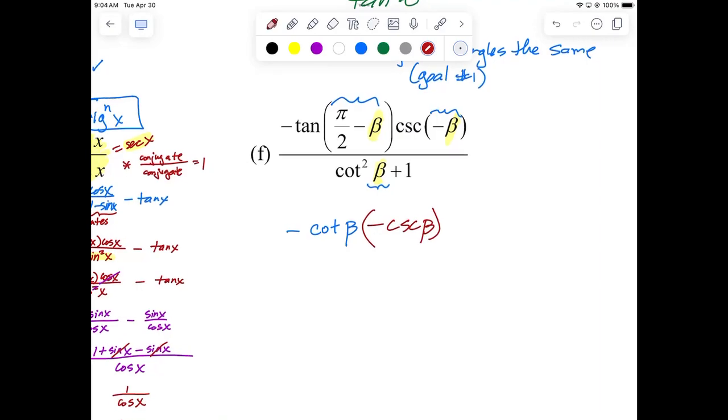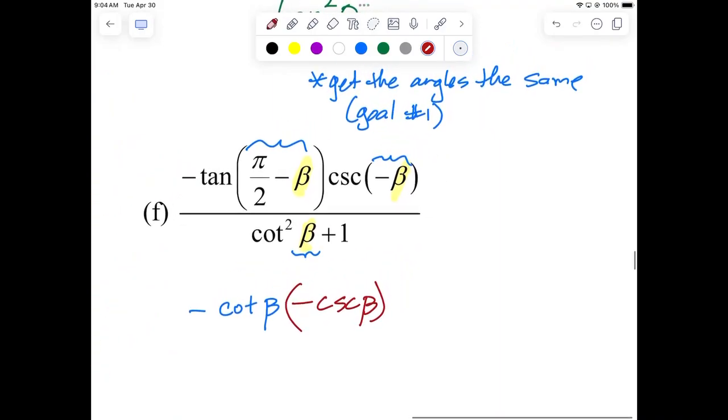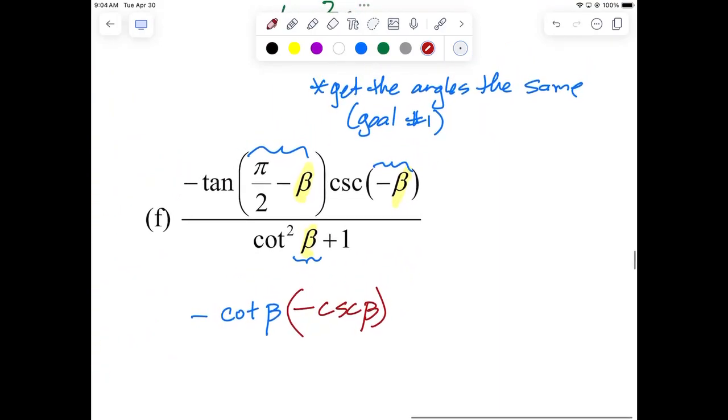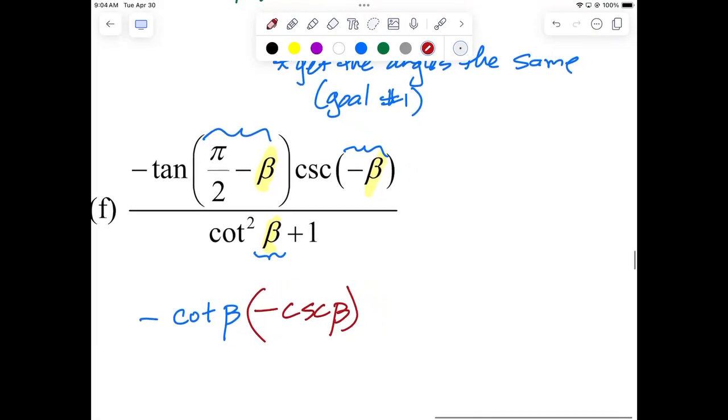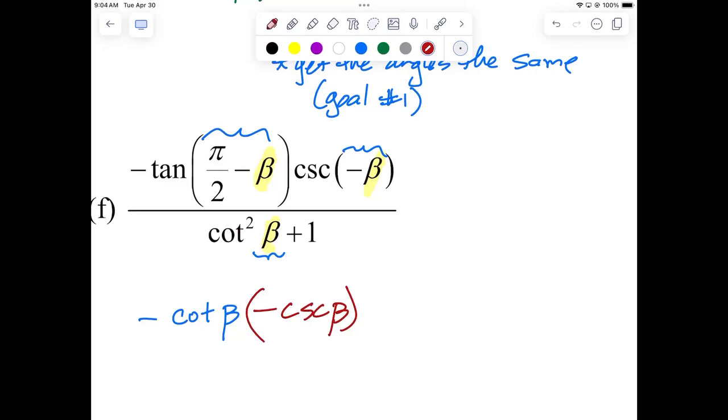But cotangent squared of beta plus 1, isn't that equal to something? It's a squared one after all. The squared ones possibly could be the PIDs, right? Didn't we learn that 1 plus cotangent squared of x is equal to cosecant squared of x? Isn't that what we have in the bottom?